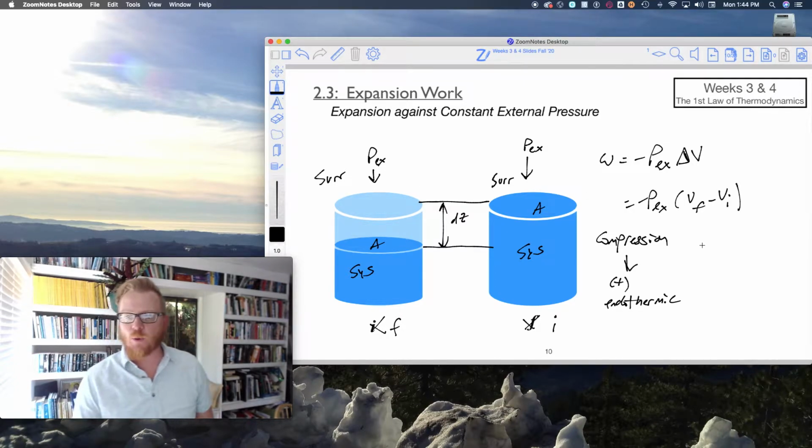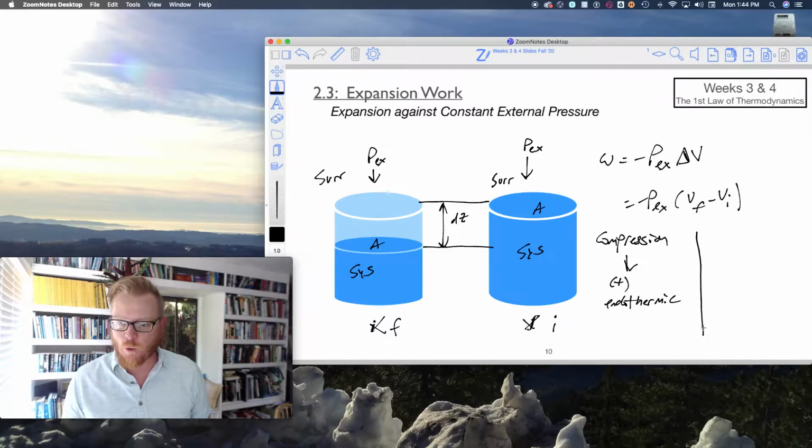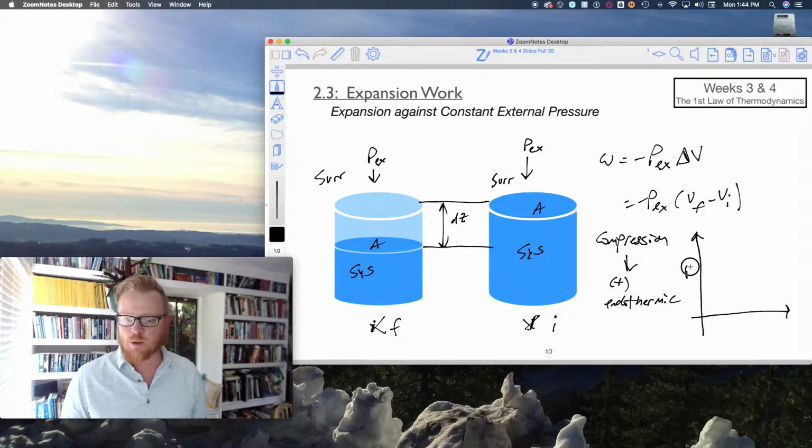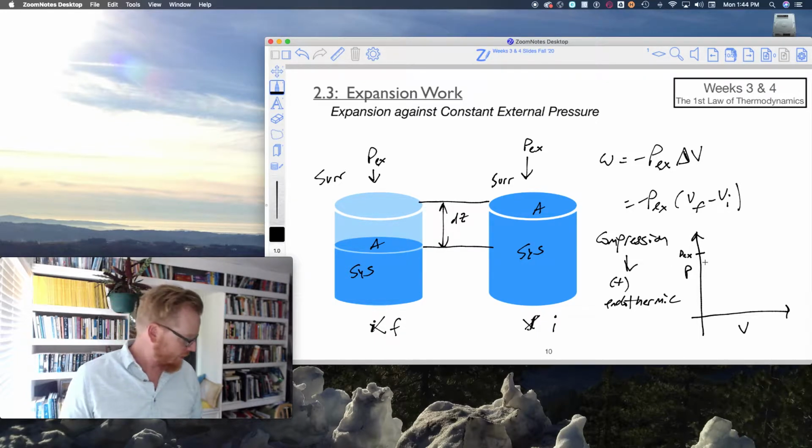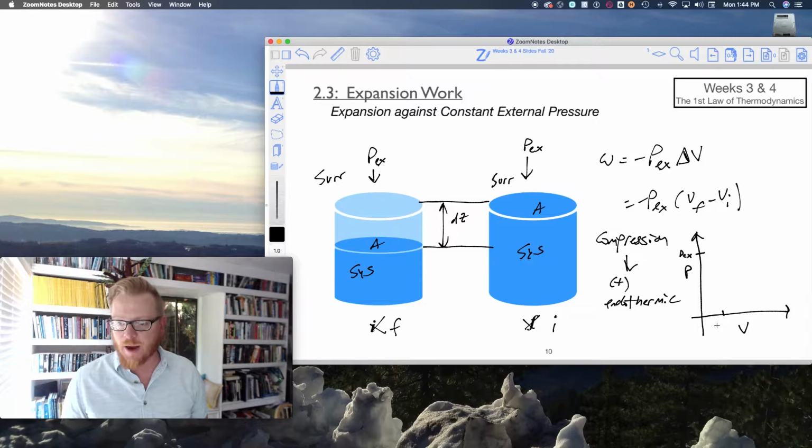And if we think about the work done in this scenario, I'm going to draw kind of a rather crude coordinate system, a crude graph that we'll come back to in a bit. So if I plot this as P versus V, so here's my PEX, okay? And then perhaps this is V initial and this is V final.